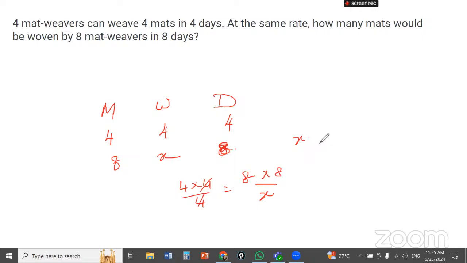So we get x is equal to 8 times 8 divided by 4. The answer is 16. Yes, Lavanya, the answer is 16.